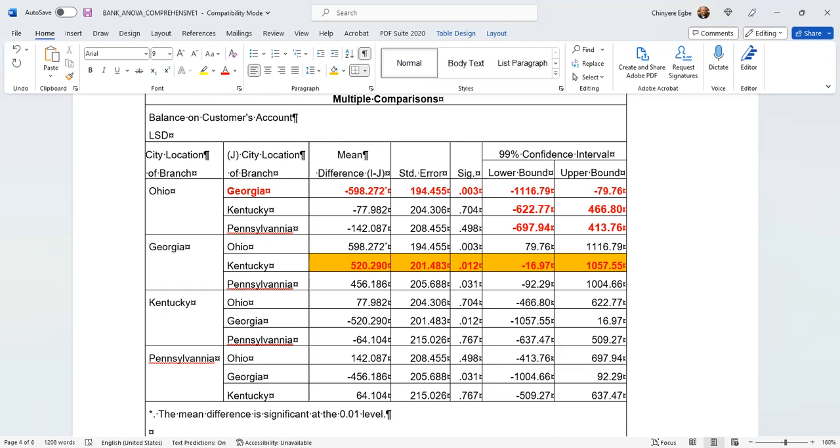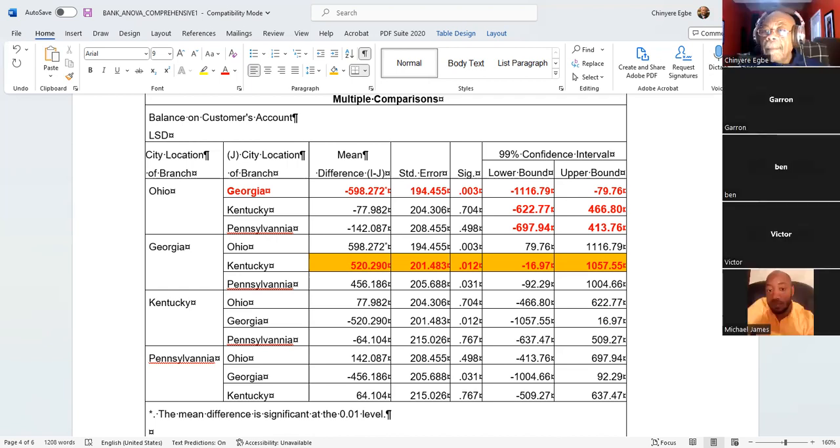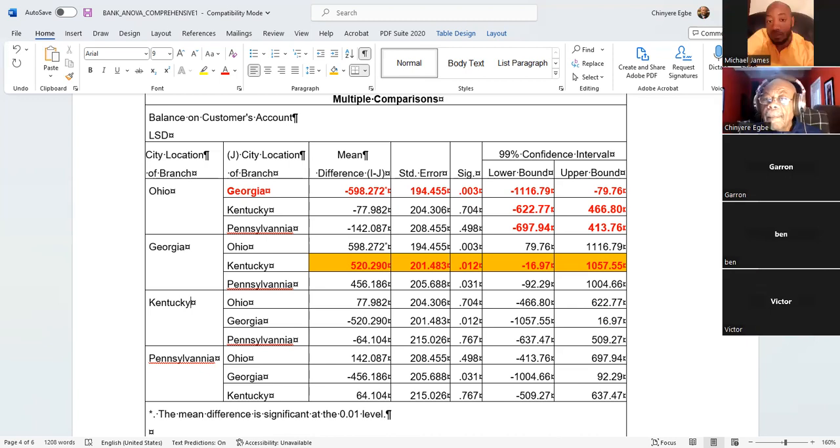Any other questions? In the absence of any further questions, Professor, for the homework, how will we go about answering the questions? How you go about it is, first of all, you ask yourself whether or not you reject the null hypothesis of equality. If you are not able to reject it, you simply conclude that the averages are the same everywhere.